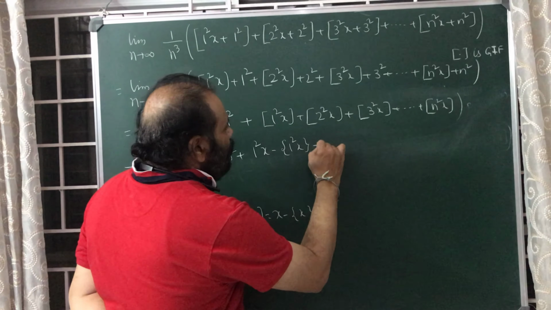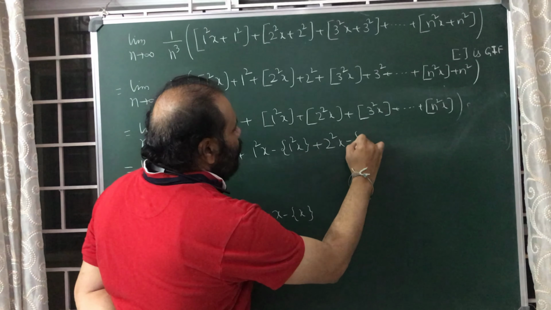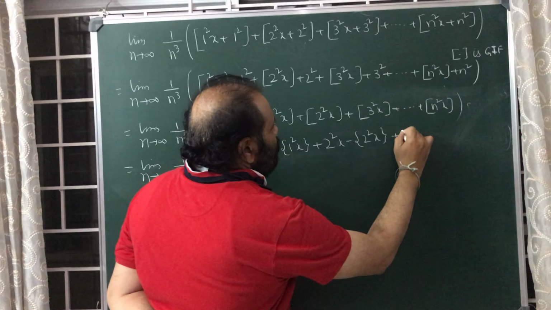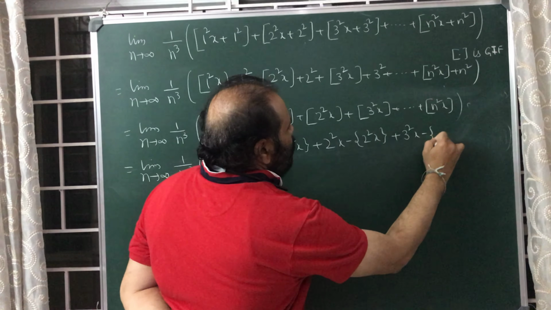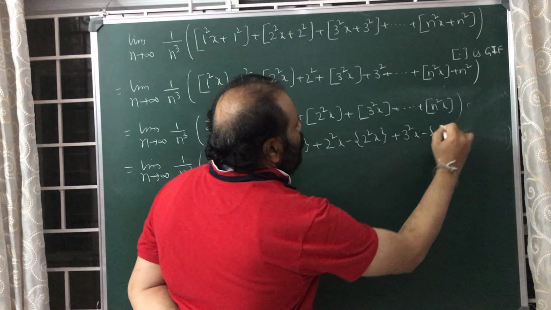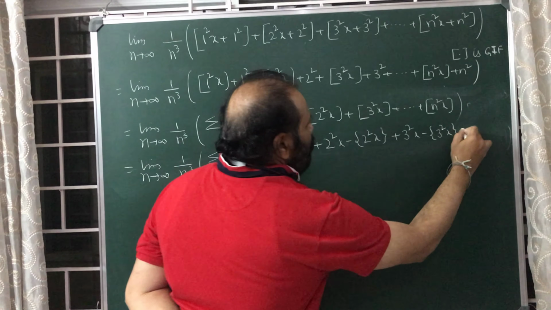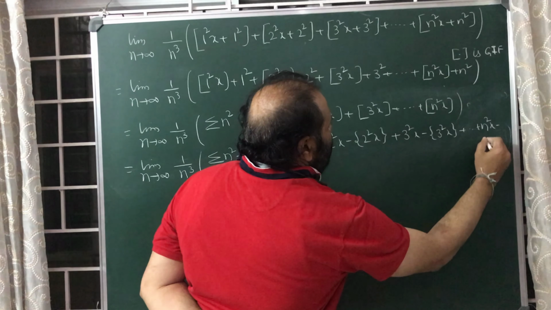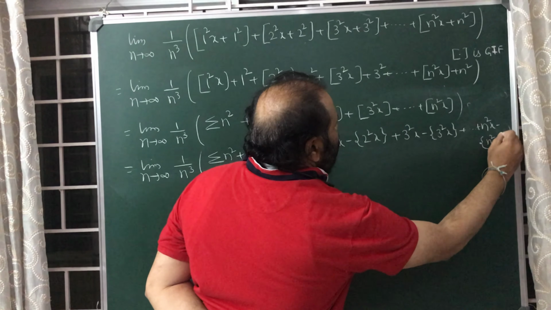Likewise, 2 squared x minus fractional part of 2 squared x, plus 3 squared x minus fractional part of 3 squared x, and so on, plus n squared x minus fractional part of n squared x.